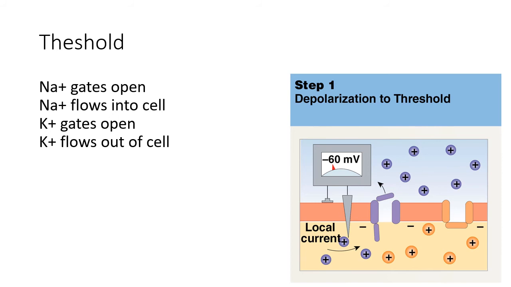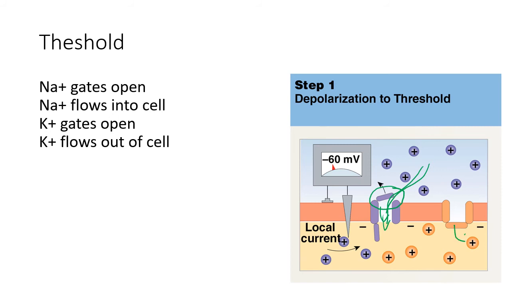So threshold begins when we have sodium gates opening up. This is our activation gate here. That activation gate is going to open up, and that's going to cause all of the sodium ions to rush to the inside of the cell. Then our potassium gates are going to open.